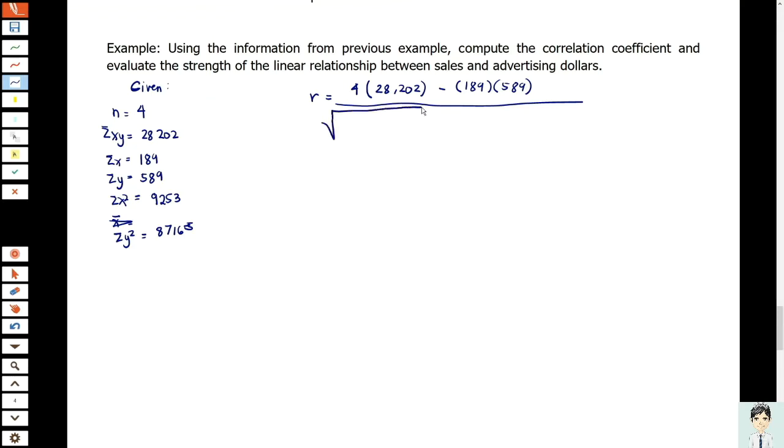square root of the number of periods, 4, multiplied by summation ng x squared, 9,253, diba? Minus summation x, 189 squared.